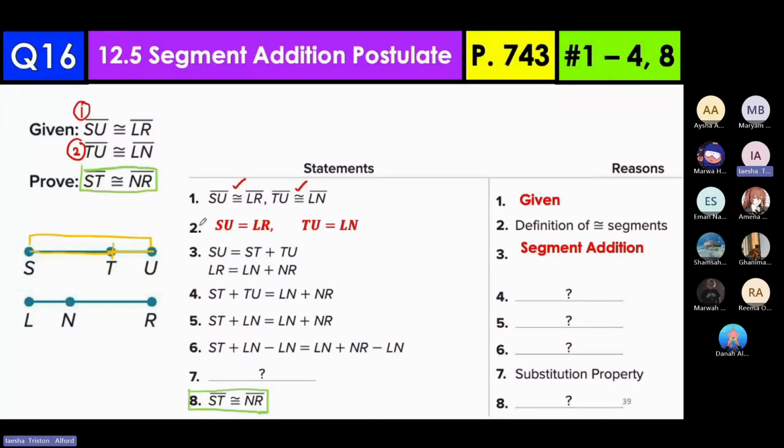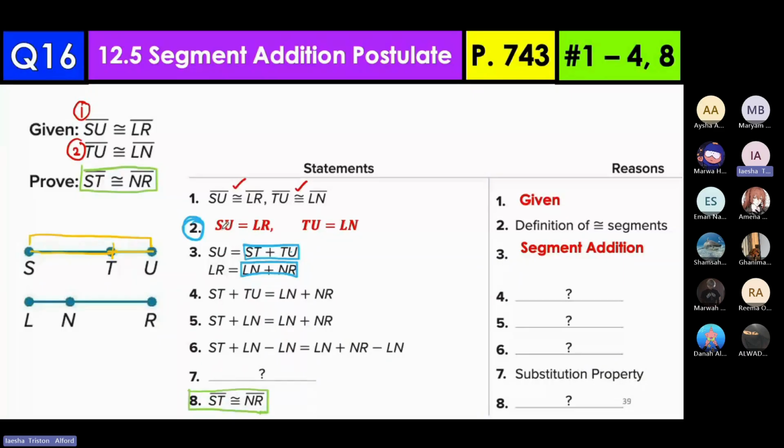So we have to go back to line number 2. In line number 2, it tells us SU is equal to LR. Then in line number 3, it tells us SU is equal to ST plus TU, and LR is equal to LN plus NR.